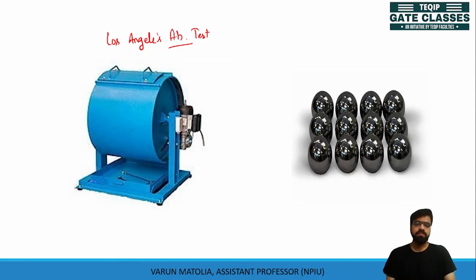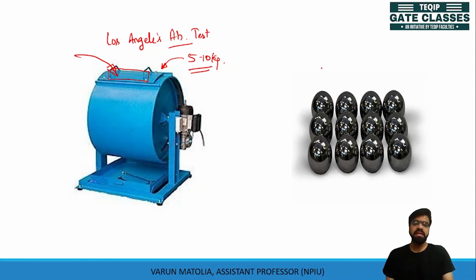This is a roller, and this is the cap of this roller. This cap is removed and aggregates of around 5 to 10 kg, depending on various gradation, are poured into it.